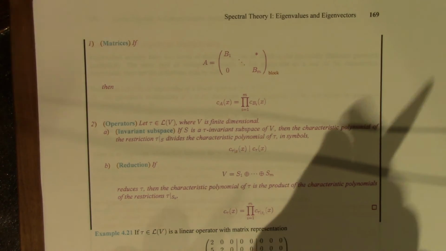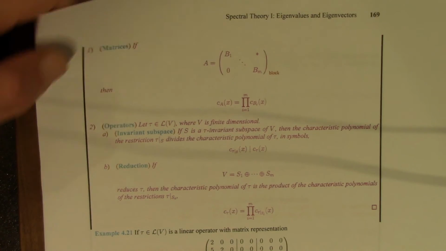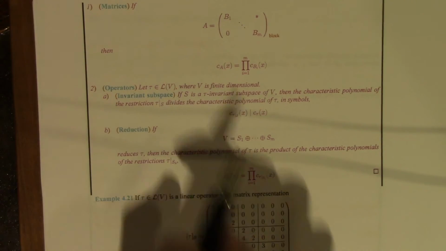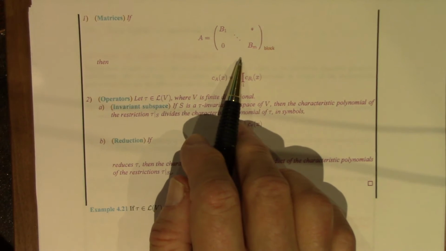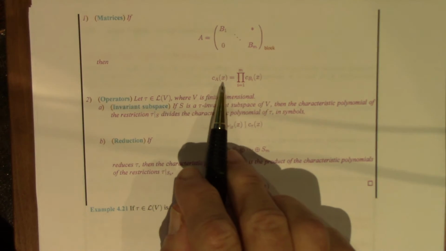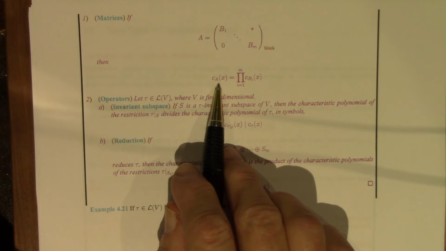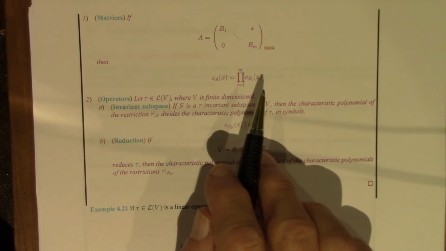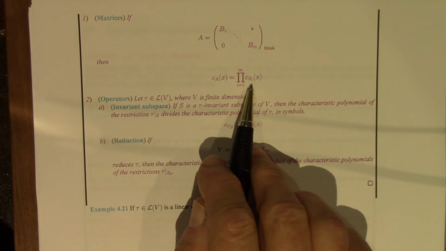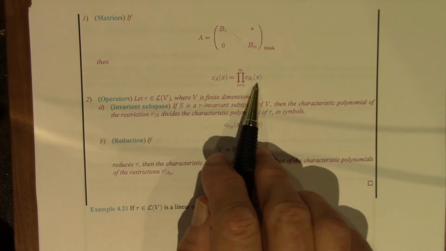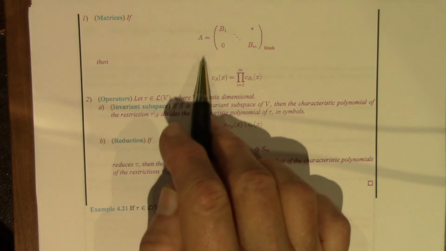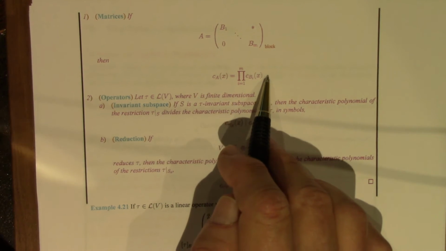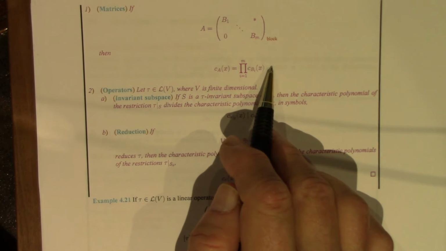So here it is in summary. We have a block upper triangular matrix. The characteristic polynomial of the matrix A is the product of the characteristic polynomials of the B sub i's. This is strictly matrix formulation.